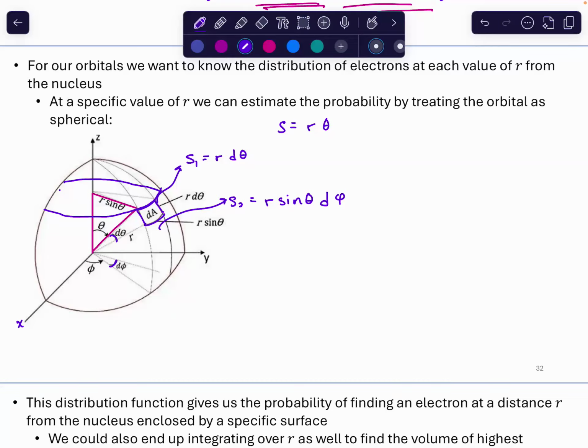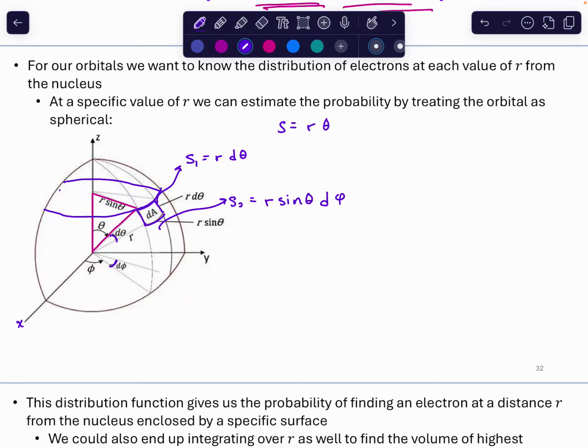That's a horrible drawing, but it's the best I could do. So we have a circle at that part of the sphere, and we're going to essentially integrate over all those little circles all the way down. Start comparing r d theta and r sine of theta d phi to the arc length formula, and you'll see how this works itself out.